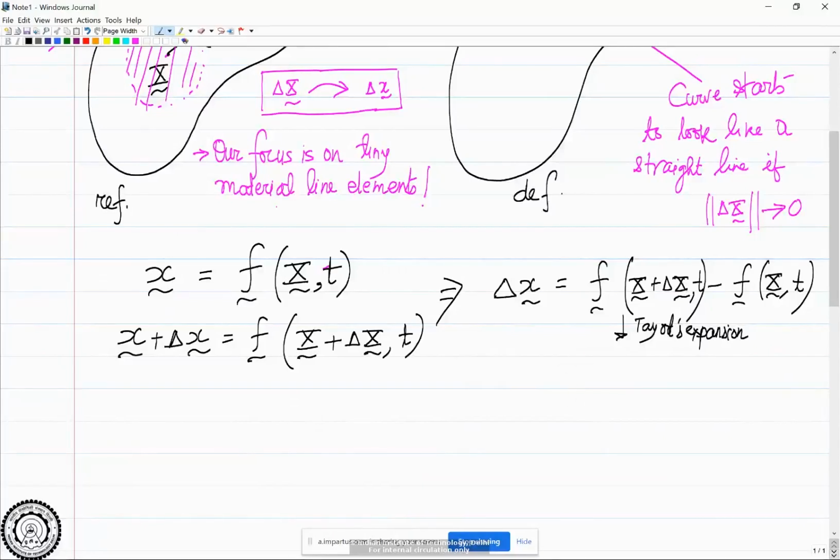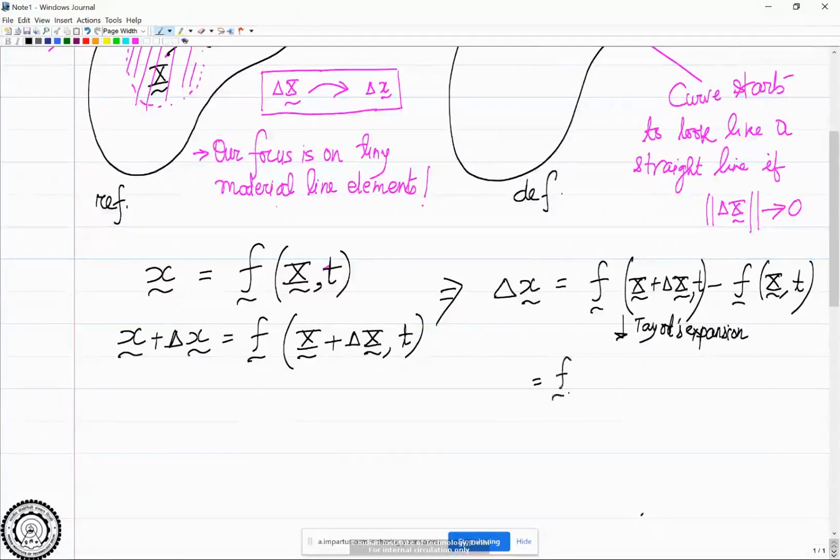So we could write this as del f. Well, first of all, the function itself at capital X, because I am doing Taylor's expansion at capital X itself.